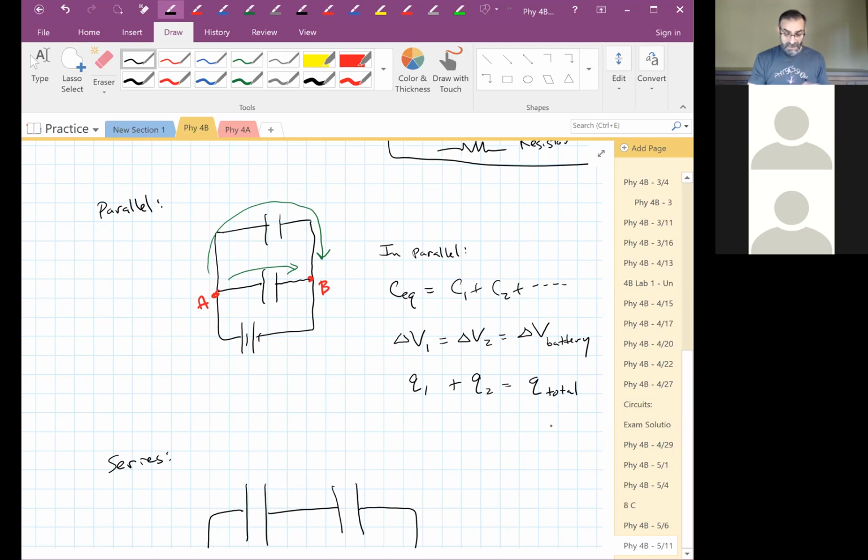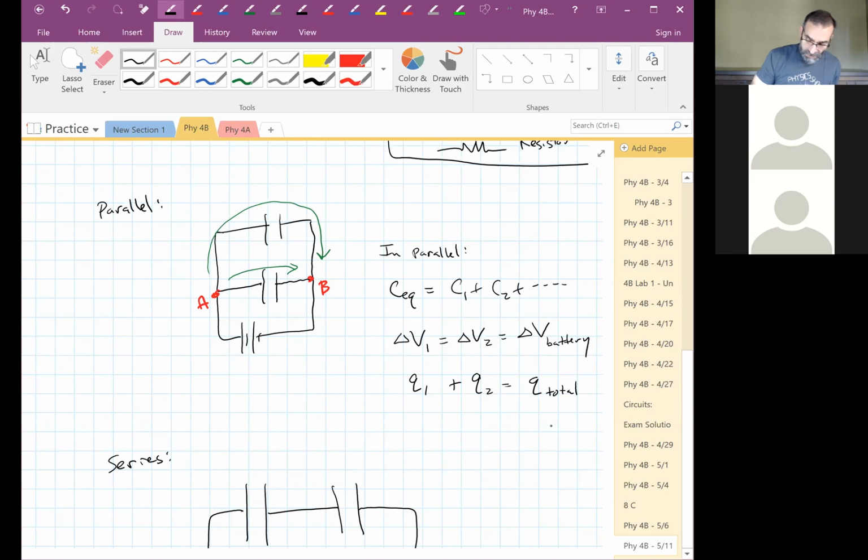The voltage across every device is the same, and the equivalent capacitance, we add up the capacitors. So you can already see this is different than resistors, right? With resistors, we had 1 over R equivalent is 1 over R1 plus 1 over R2. So capacitors in parallel add like resistors did in series. Okay, so it's a little different.